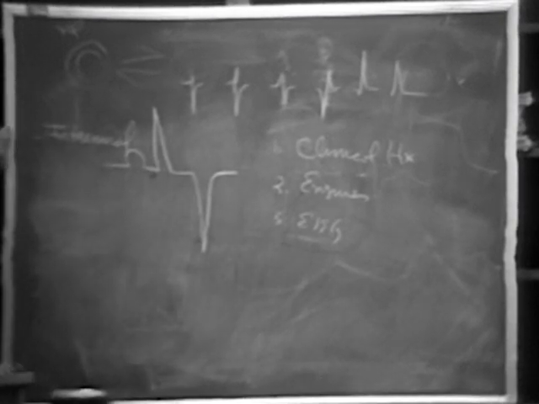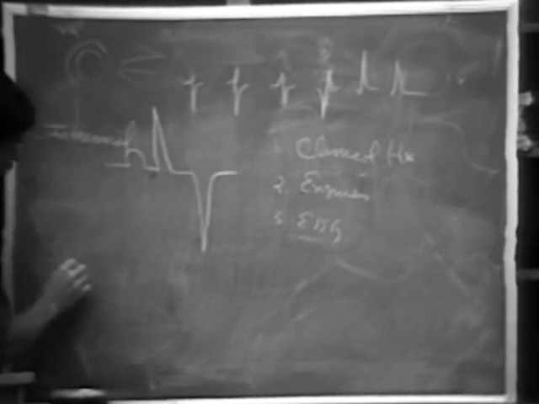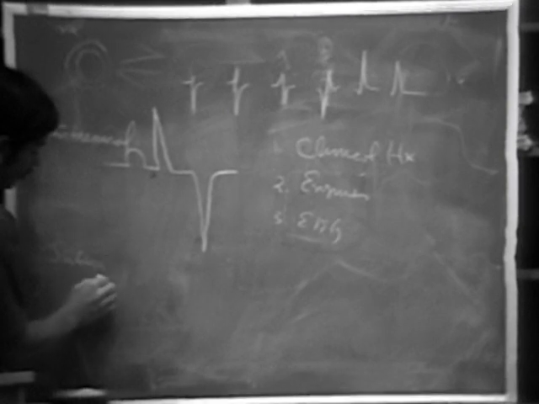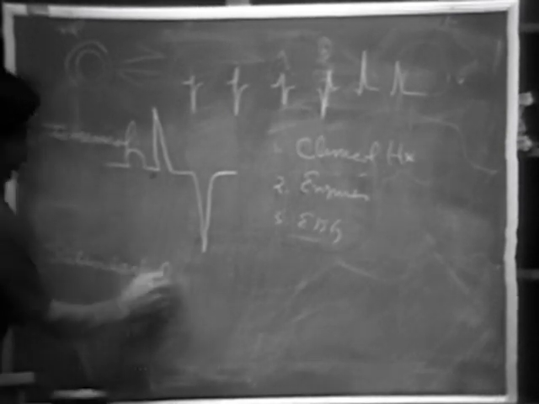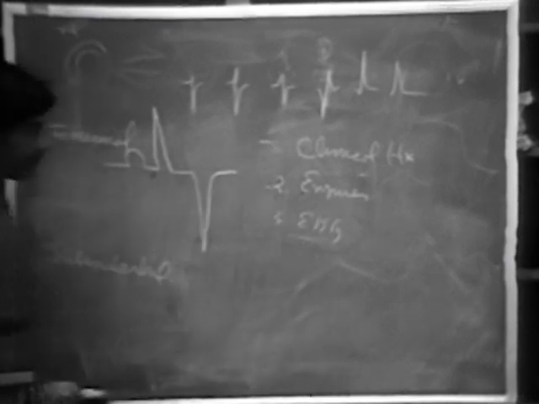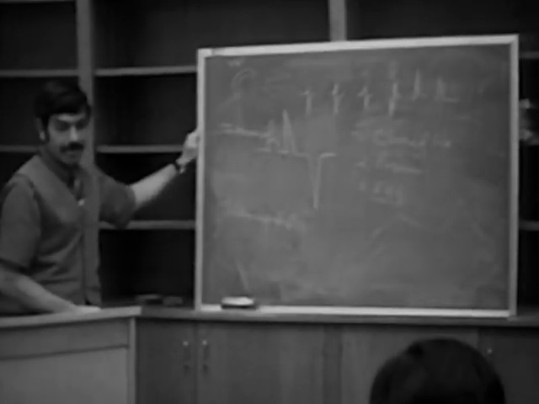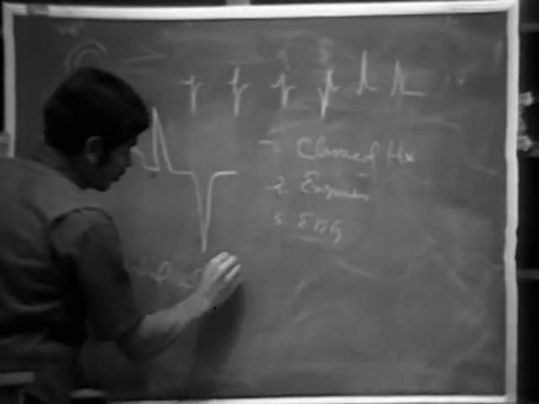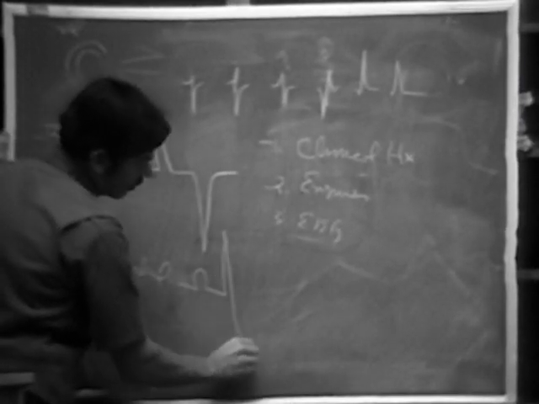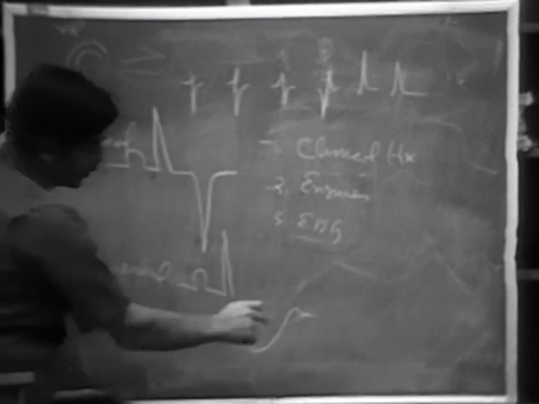Now, in the subendocardial infarct, your diagnosis is even poorer as far as I'm concerned. Again, you should have your other criteria. And the EKG change that you get in this situation looks a little bit like digitalis effect.